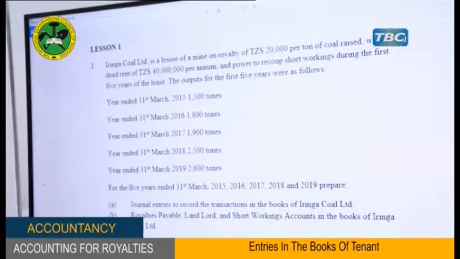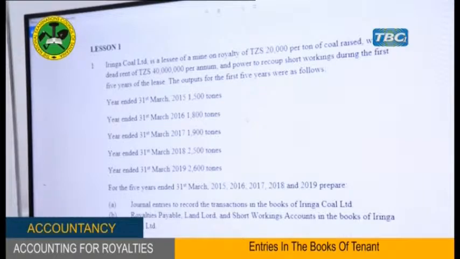Year ended 31st March 2015, 1,500 tons. Year ended 31st March 2016, 1,800 tons. Year ended 31st March 2017, 1,900 tons. Year ended 31st March 2018, 2,500 tons. Year ended 31st March 2019, 2,600 tons.